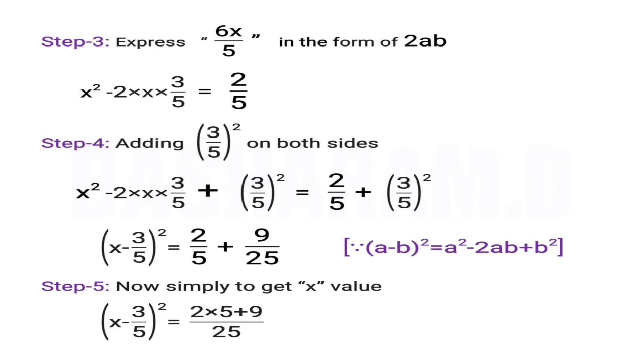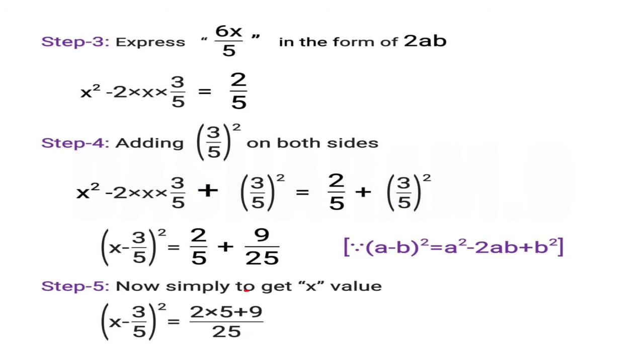Next, step 5: now simplify to get the x value. To simplify the RHS, the LCM of 5 and 25 is 25.